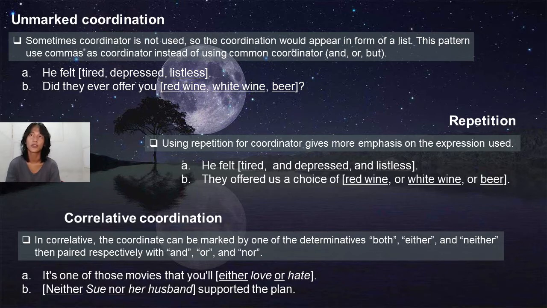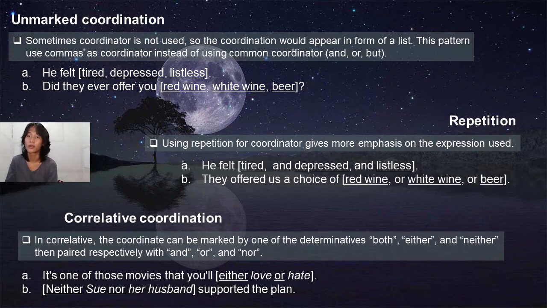Why? Because a coordinator also has a comma. Comma is also considered a coordinator, but it is used to form a list. Like in the example, he felt tired, depressed, listless. They form a list of coordinates. They don't need an and. If we want to use and, we go back again to this. And where coordinates must be syntactically similar, we can go back to that again.